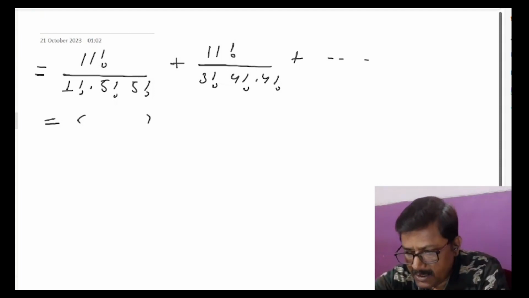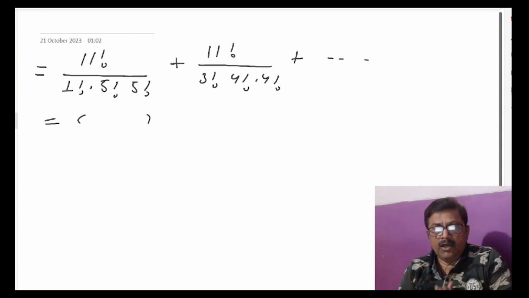So this is the method of solving questions of multinomial theorem. So I hope it was now simple for you, and now you can also solve the questions of multinomial theorem.